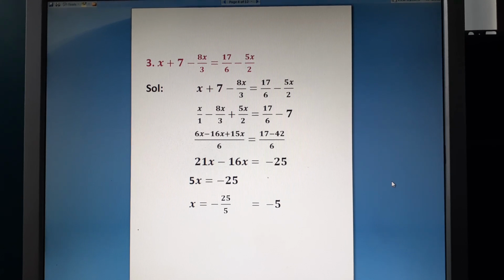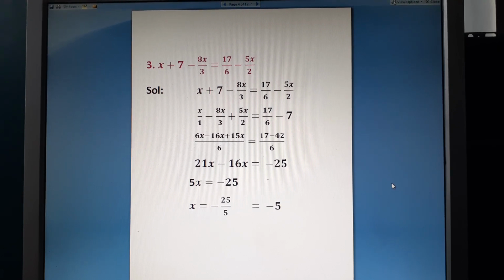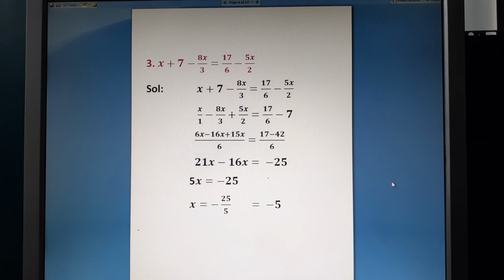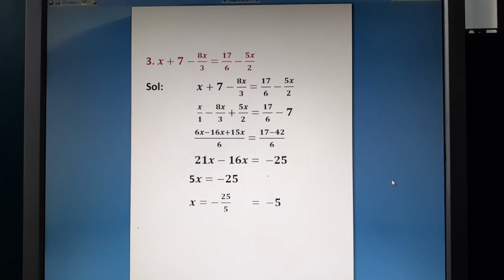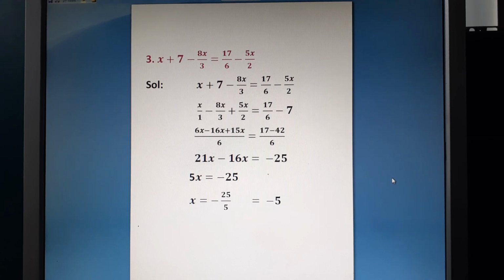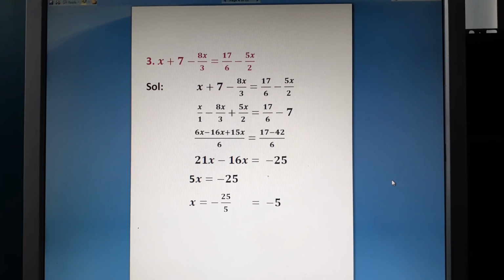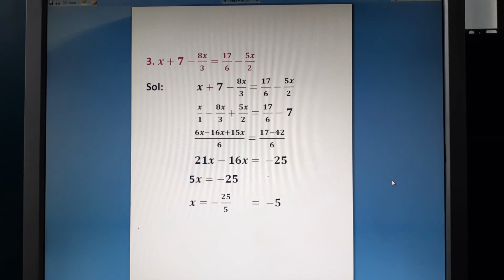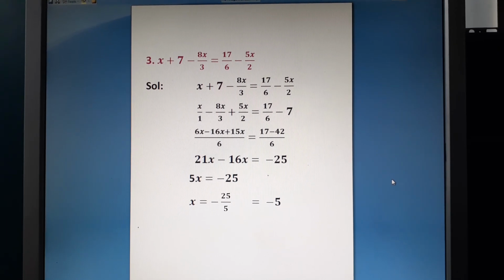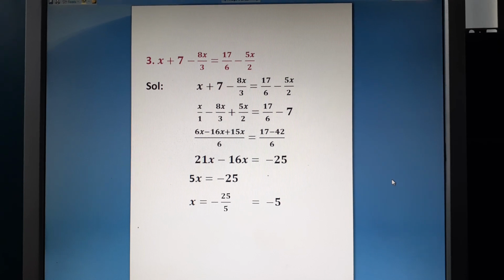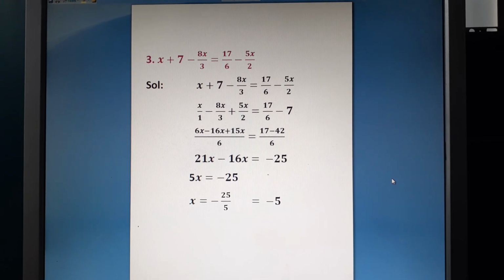Here x is equal to x by 1. Take right hand side minus 5x by 2 to left hand side. Already minus 8x by 3 is in left hand side. x divided by 1 minus 8x divided by 3 plus 5x divided by 2 is equal to 17 divided by 6. Left hand side plus 7 comes to right hand side.